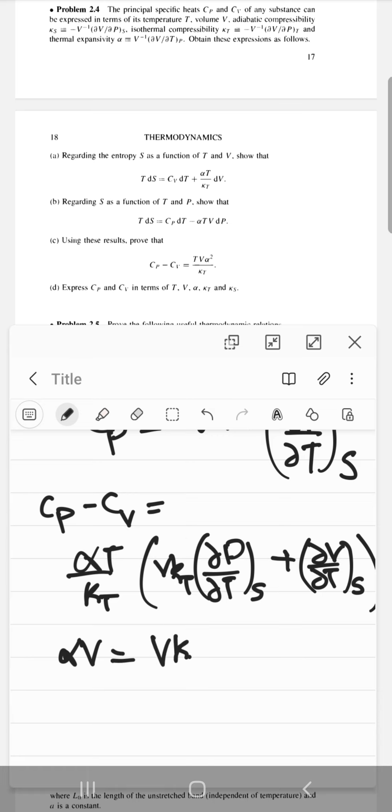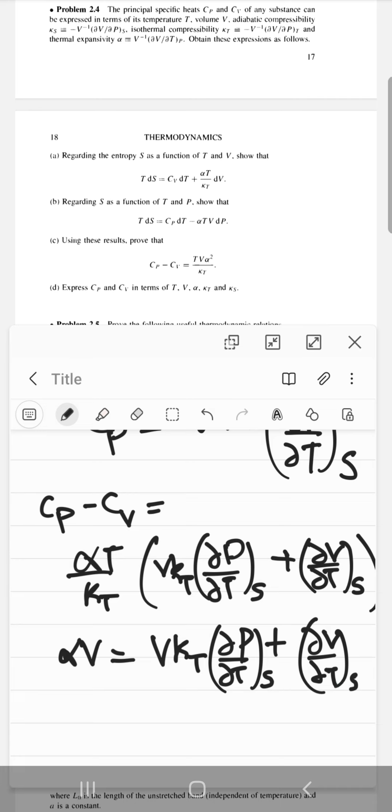So just V Kt partial P by partial T at constant entropy plus partial V by partial T at constant entropy. Okay, cool. So what does this give us though? What's Kt? Kt is at constant temperature, not good. We'll have to somehow figure out how to convert it to constant entropy, right? You can't, by the way. That's actually not possible.